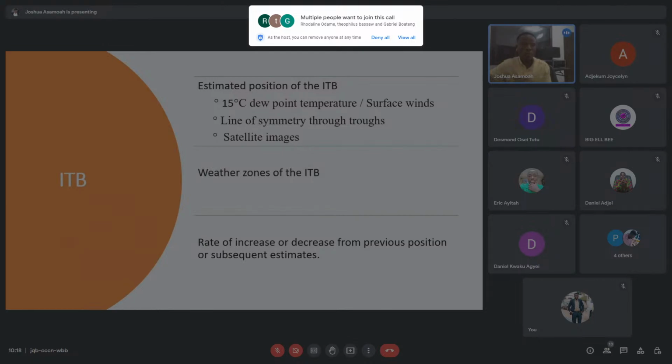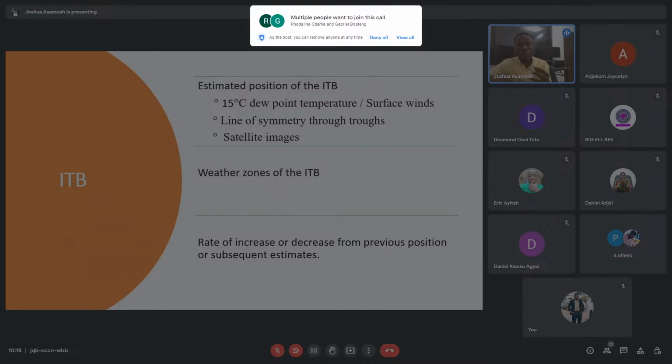So at best, if you have 2 meter winds, that will be okay. But most of the time, you don't get models giving you 2 meter winds, but you can get 10-meter winds. So that would be ideal for locating ITD using winds. So where the moist winds from the ocean meet the dry winds from the continent, that will be your ITD position.